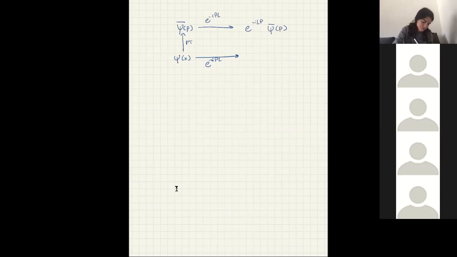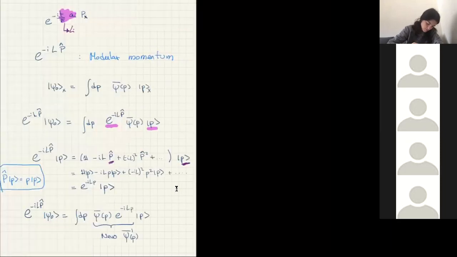And now if we want to see what happens to the wave function in the position basis, we just need to take the Fourier transform again of this. Okay, so we do this.